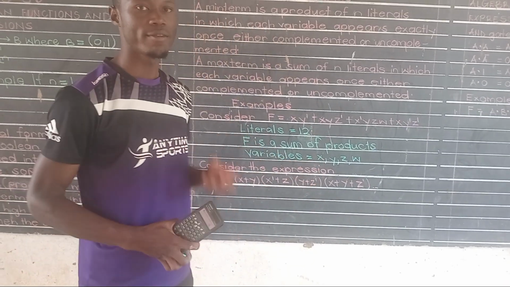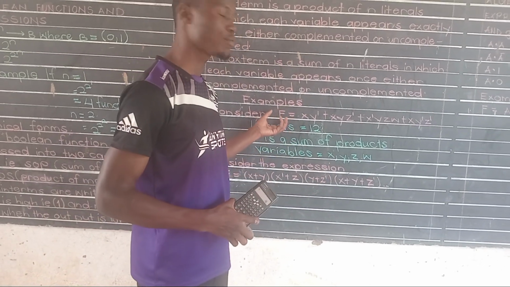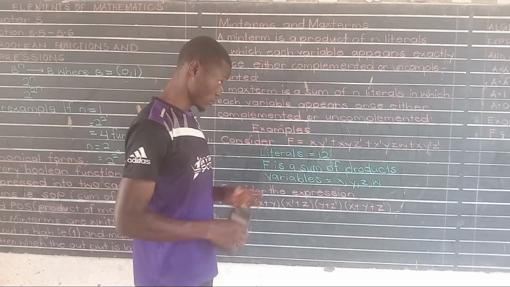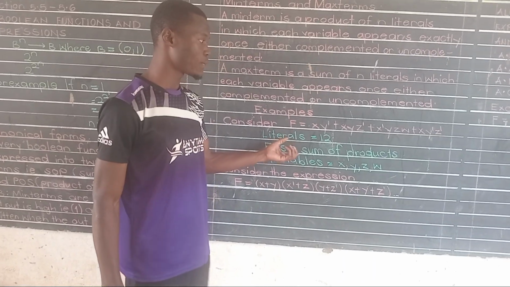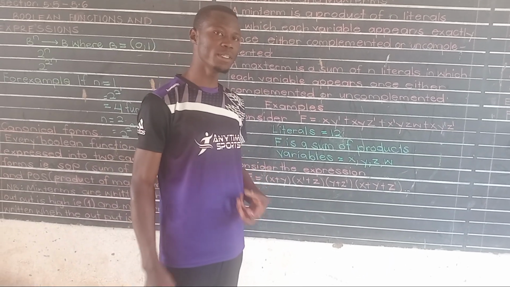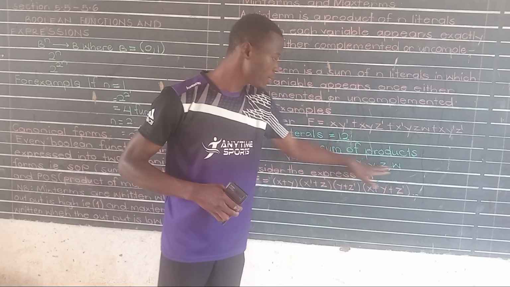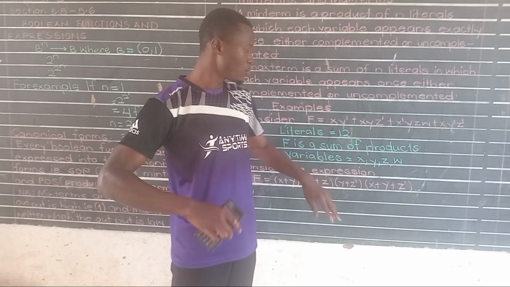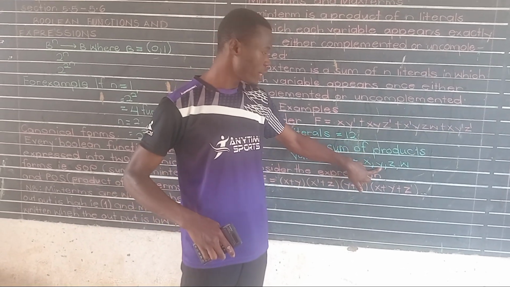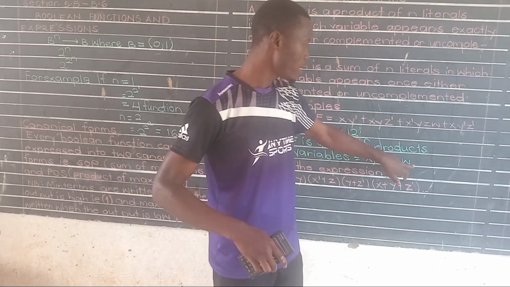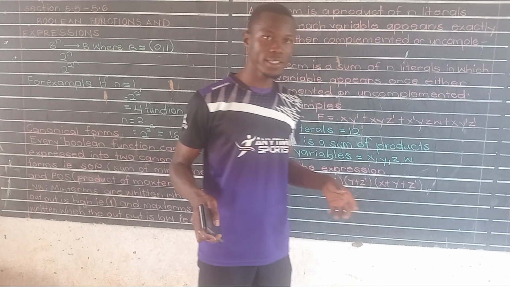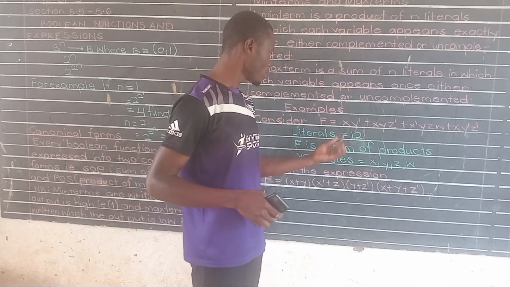So these are the variables that I have in this problem. I want to identify the mean term, but the mean term should have all these variables. That term should have the x, the y, the z, the w, either complemented or uncomplemented.